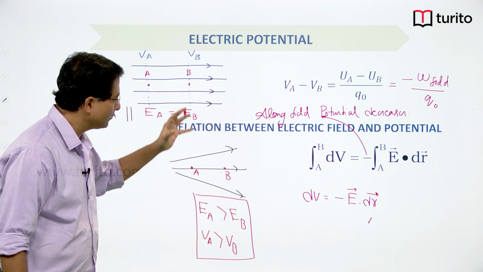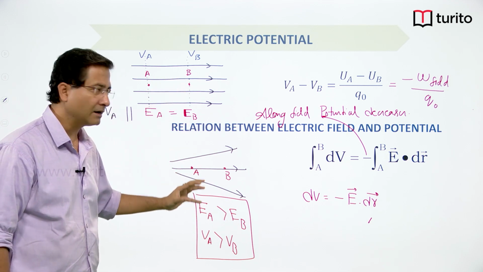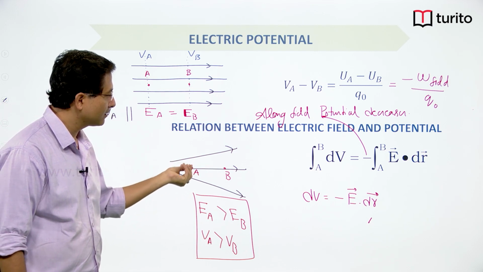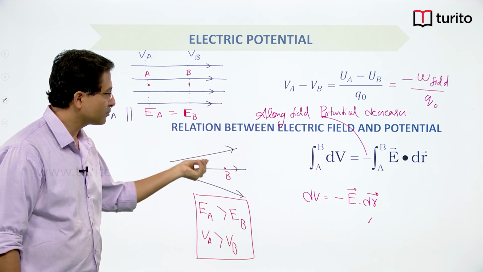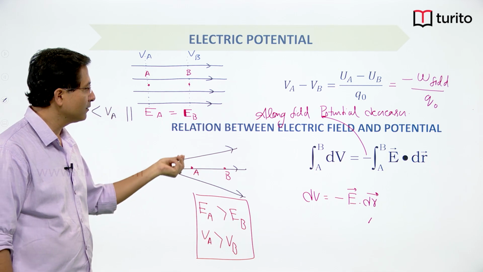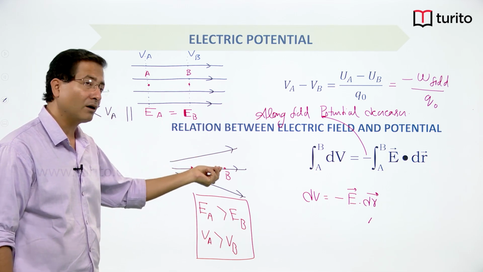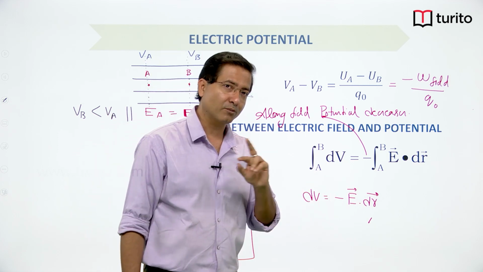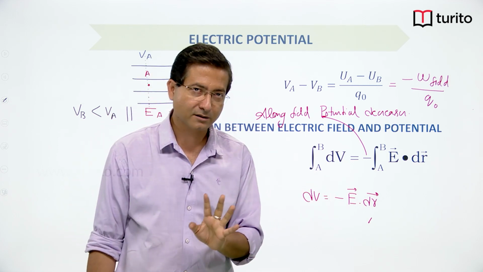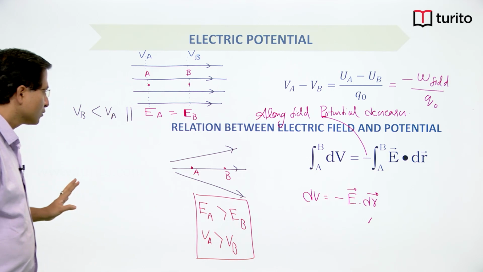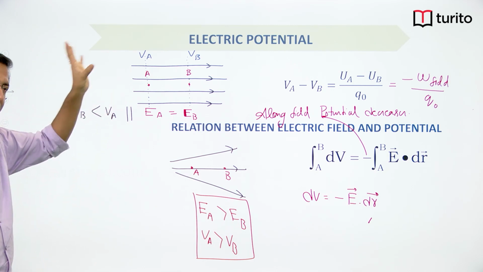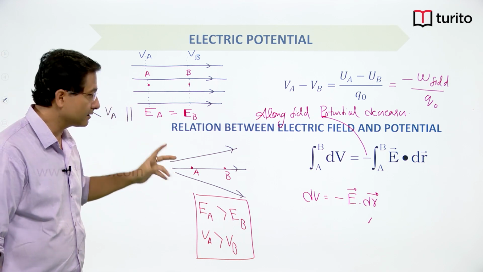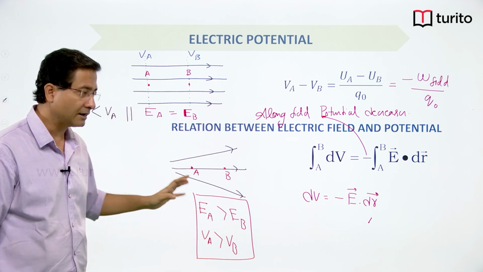So, using the field line concept, I am just checking in a space which point will be at higher potential as compared to the other point. We are comparing 2 points, right. The field line concept we already dealt with earlier. Now, today we are discussing the potential concept, right.